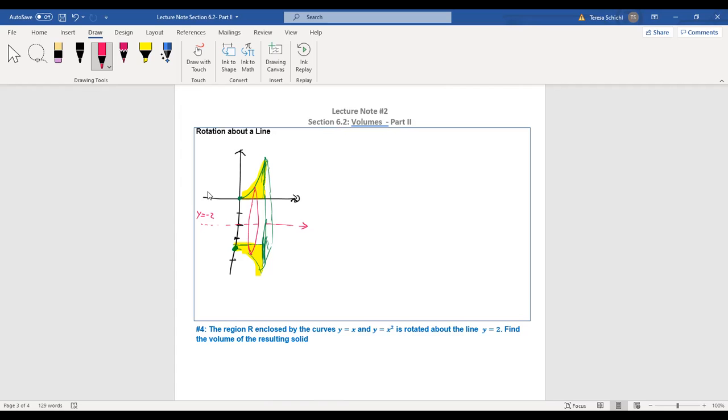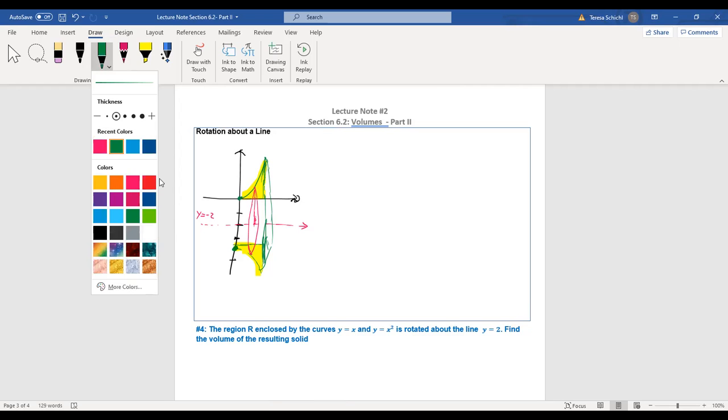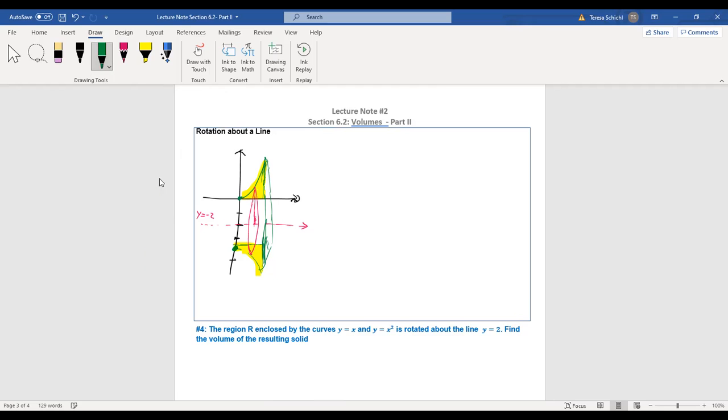This is very similar to what we did for the washer method. I'm looking for the volume of the solid made by rotating the yellow area. I have this big disk, the red one, and at the same time I have a smaller one inside.